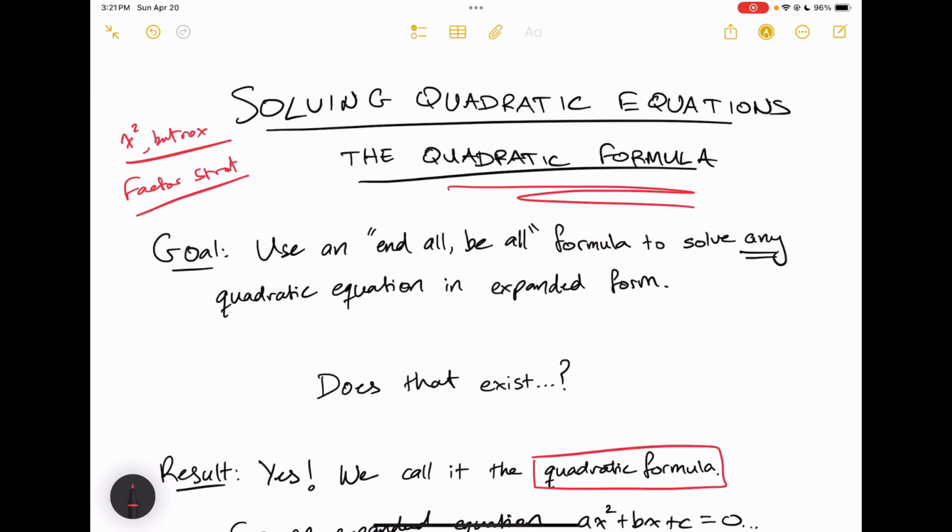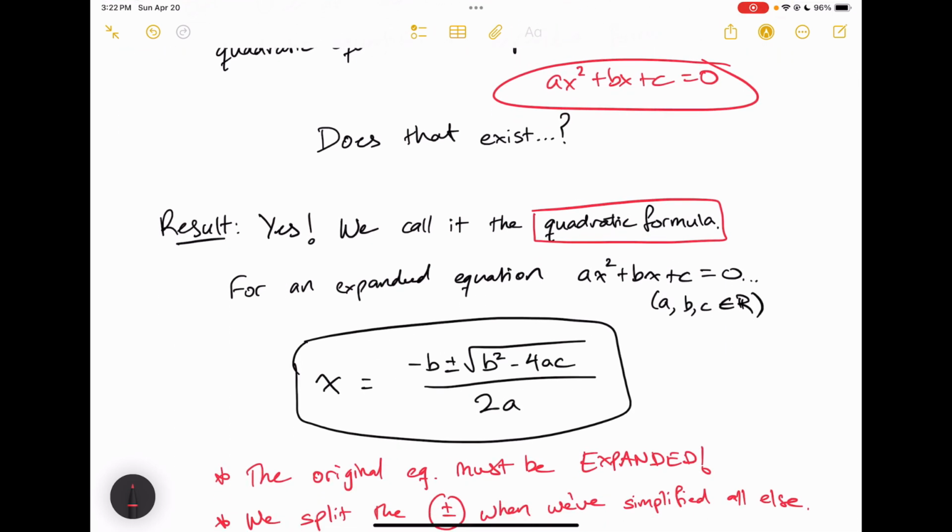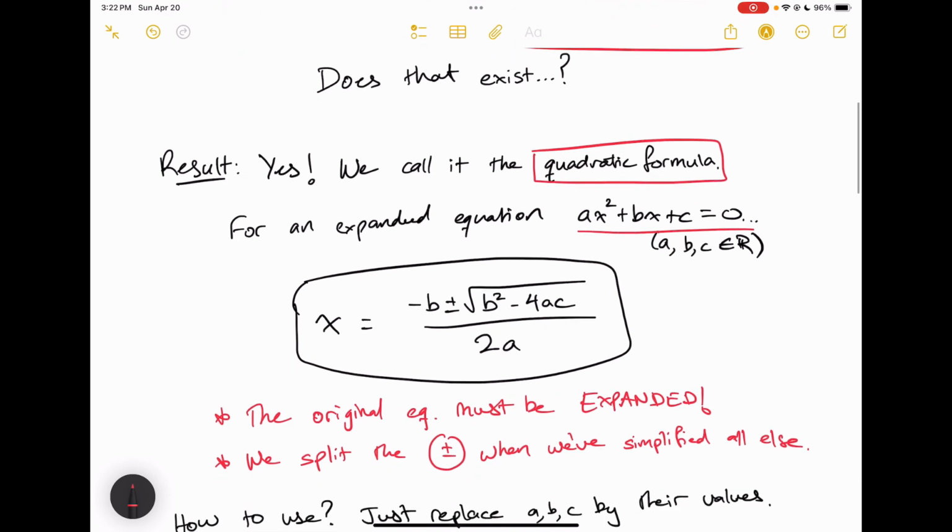By expanded form, what that's going to look like is ax squared plus bx plus c equals 0. Does such a thing exist? Well, yes, as you can see from just a couple of inches below. This thing is called the quadratic formula. For any quadratic equation that looks something like this, where a, b, and c are all real numbers, we can utilize the a, the b, and the c in order to give us this fancy formula.